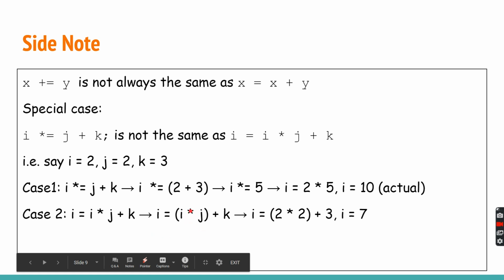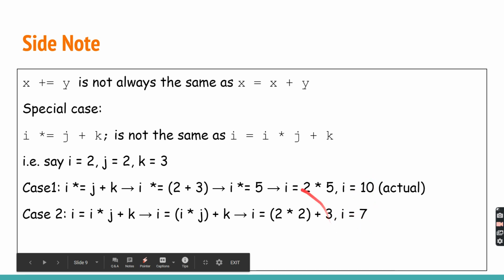Now note that the multiplicative on the right hand side of this expression has precedence over the additive, so the result of this multiplicative will then be added to k. Replacing i and j with their values of 2 and 2, we get 2 times 2 will give us 4. We'll add 4 to 3, which gives 7, and assign 7 to i, which is not the same as 10.